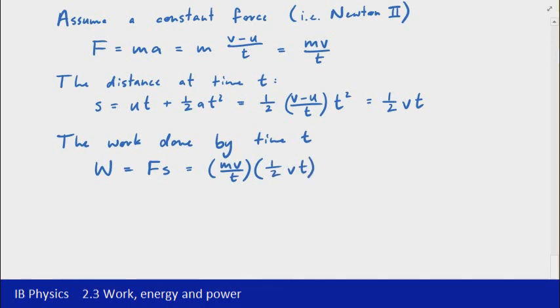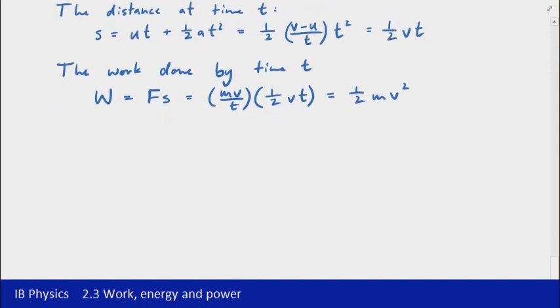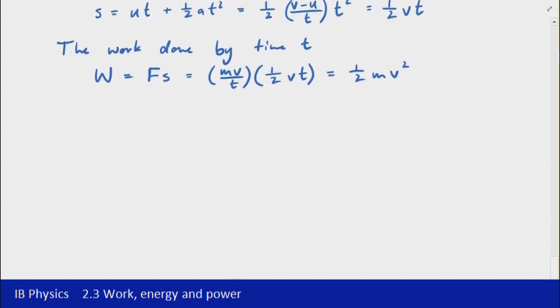Now again you can see here we've got a t and a divide by t, so the t terms are going to disappear. We've got a constant of half, we have the mass m, we've got v multiplied by v, so we have v squared. So there's the work that's done in causing the object to move from its initial velocity of 0, up to a final velocity of v.